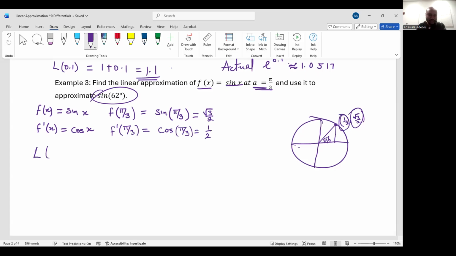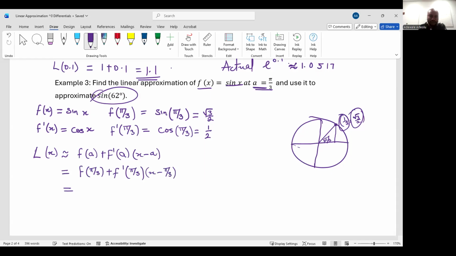Now we can write our linearization of that function. So L of x is approximately equal to, remember, f of a plus f prime of a times x minus a. Which is the same as f of pi over 3 plus f prime of pi over 3 times x minus pi over 3.